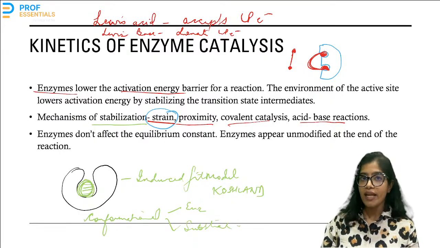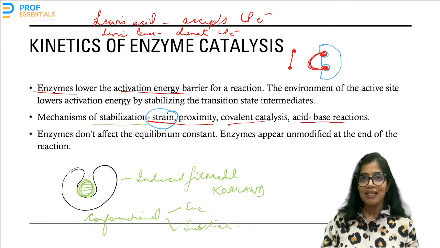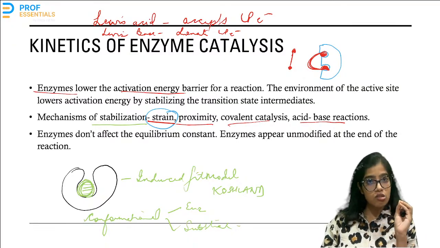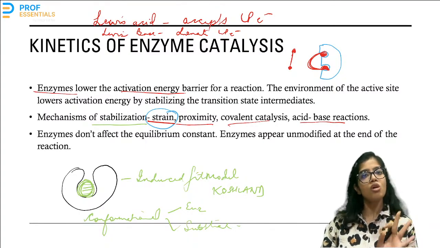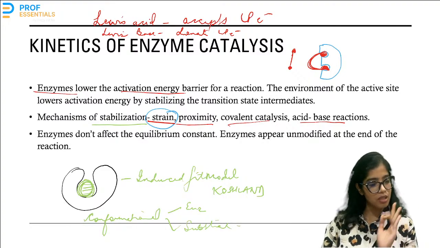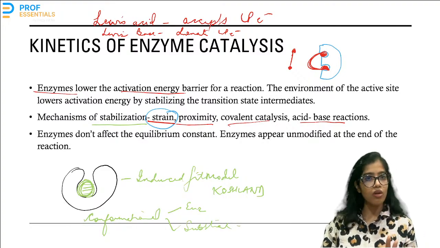Acid donates proton and base accepts proton. These concepts should be on your fingertips. They should be so clear to you that even in your sleep, if someone wakes you up, you should know: Lewis acid will accept electron, Lewis acid will donate proton.